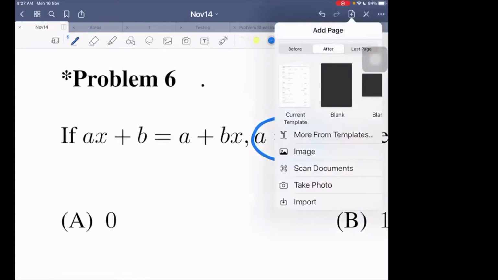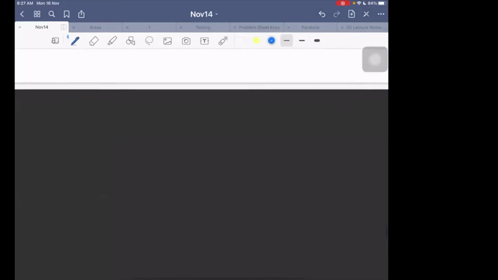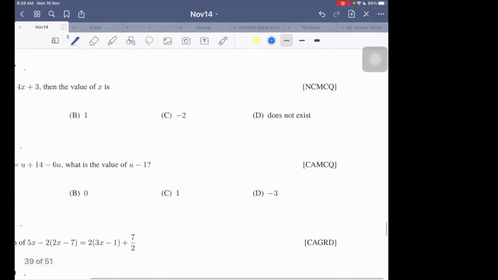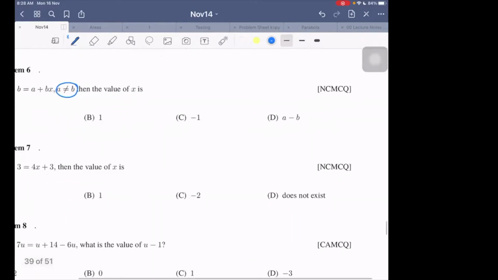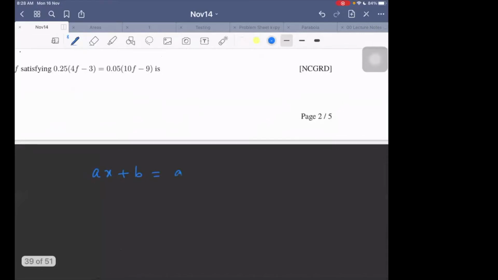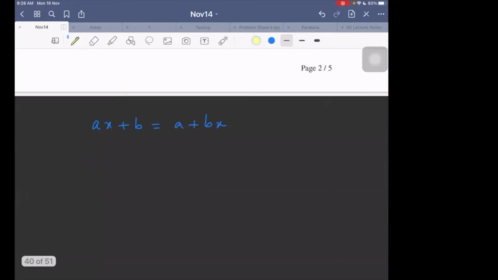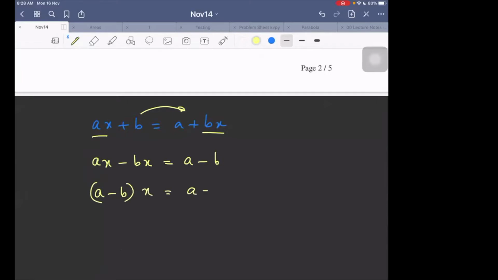Great. So if you had solved it in the regular way, the normal method, if you have ax plus b is equal to a plus bx, bring all the x terms to one side. I'll take bx to the other side. It becomes a minus b times x is equal to a minus b.